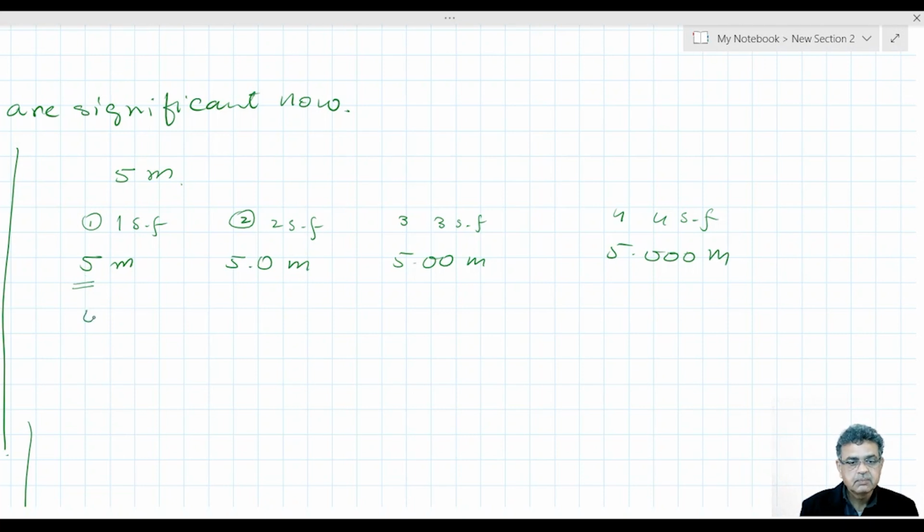That may be from 4.5 to 5.5, that is, greater than 4.5 and less than 5.5. That number is rounded off to 5. So if this is one significant figure, then 4.5 to 5.5 meters are rounded off to this number.